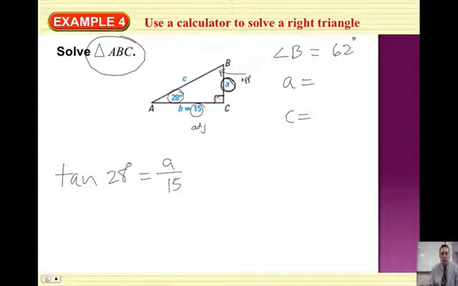This is like the other one, only 28 degrees, you probably can't do that in your head. So therefore we're going to use our calculators for this one. Get a by itself, multiply by 15, multiply by 15. So type this in your calculator, 15 times tangent of 28. Make sure you keep the angle in parentheses or you're going to get some weird answers.